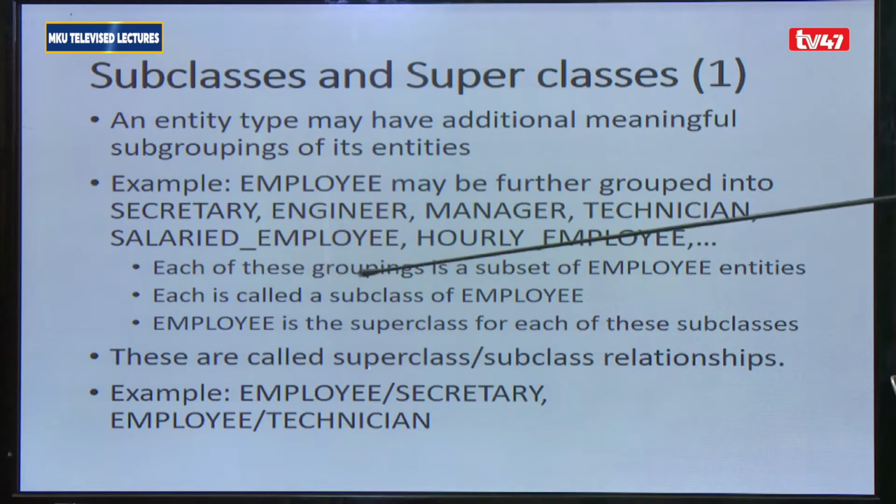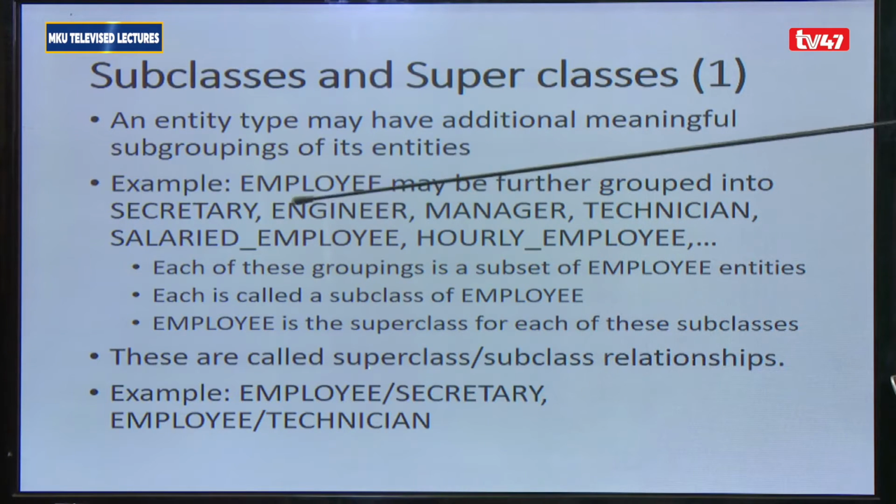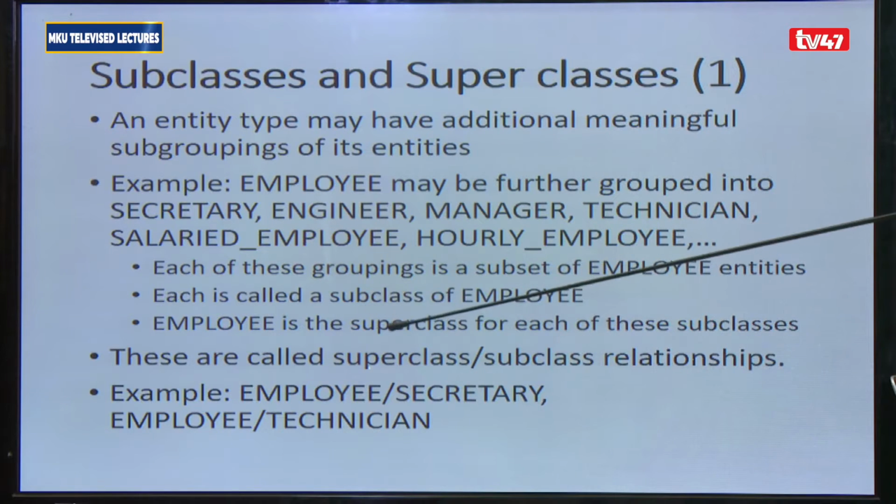Each is called a subclass of employee. So we have various subclasses: secretary, engineer, manager as the subclasses of employee. So employee is the superclass of each of these subclasses.